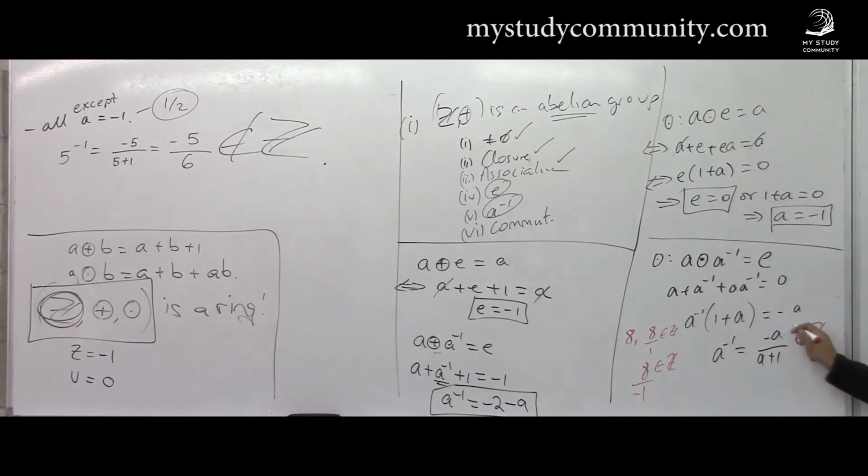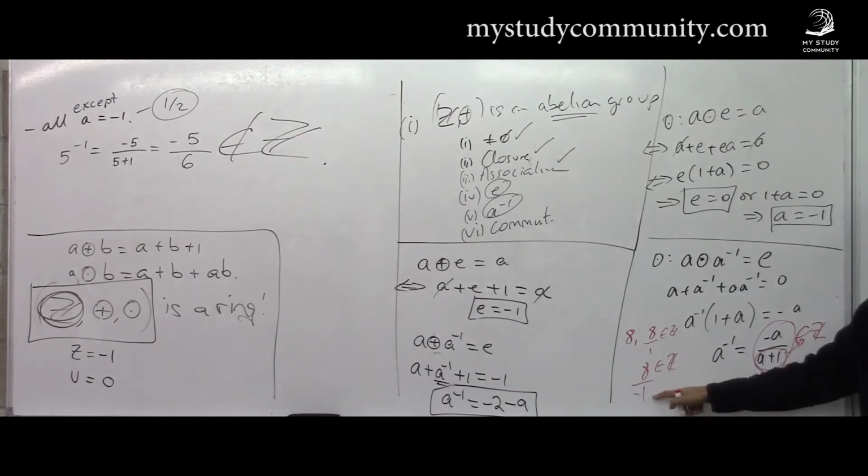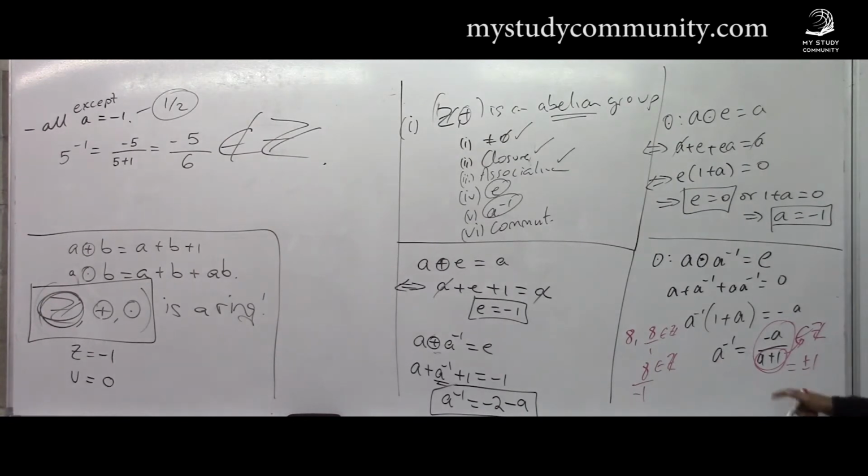So a requirement for this to be in Z is that the denominator must be plus or minus 1. So take that equation and solve for A. Because if it's anything other than plus or minus 1, you get a fraction. You understand, right?